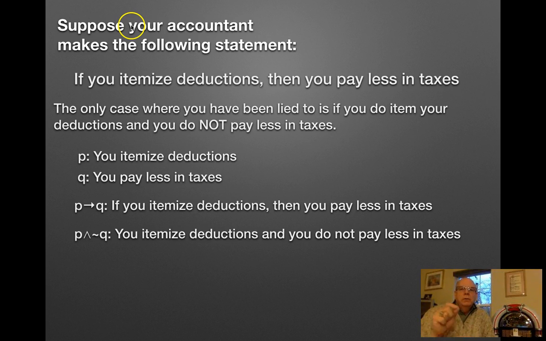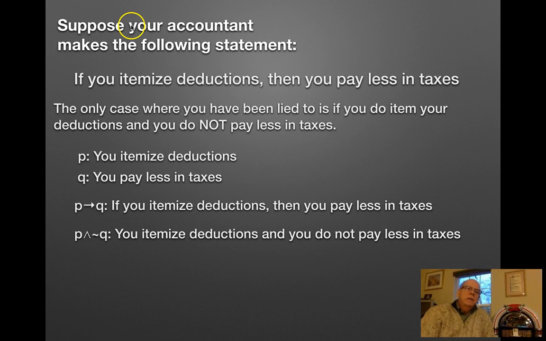If you do itemize your deductions, that's our P, and there's our and symbol. You do not pay less in taxes, so there's our not Q. That English statement of the lie translates symbolically into P and not Q.